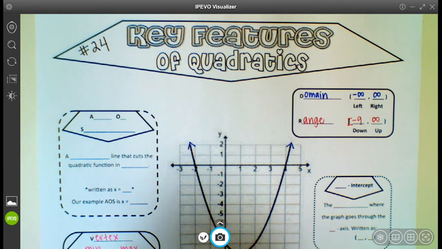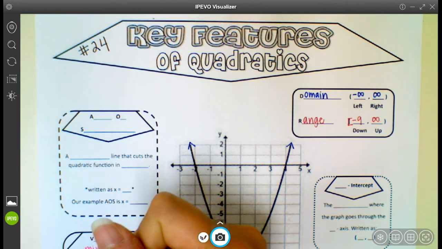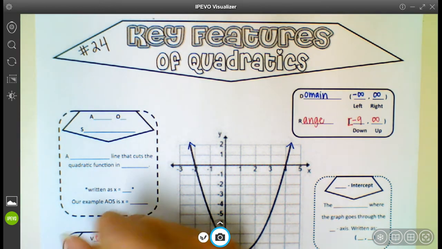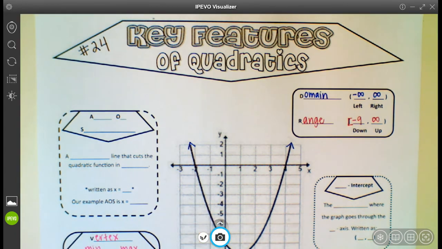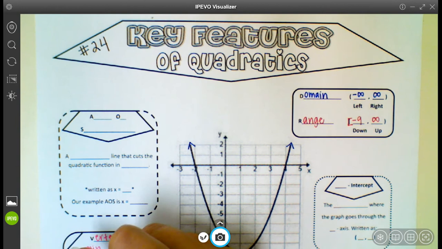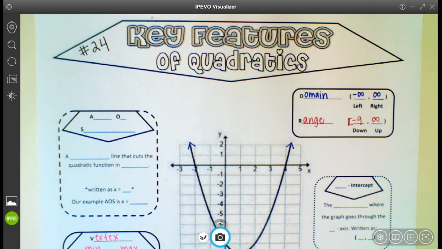This vertex is the lowest point if it is the minimum, or the highest point on our graph. If it's the highest point, we call that the max.